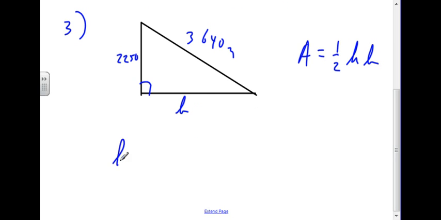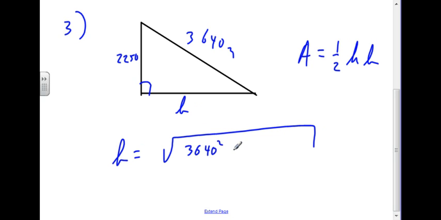So B is going to equal the square root of the hypotenuse squared minus the other side squared. So I'm just using the Pythagorean theorem. C squared is equal to A squared plus B squared. I'm solving for B. Now, when I square something, it could be plus or minus, right?